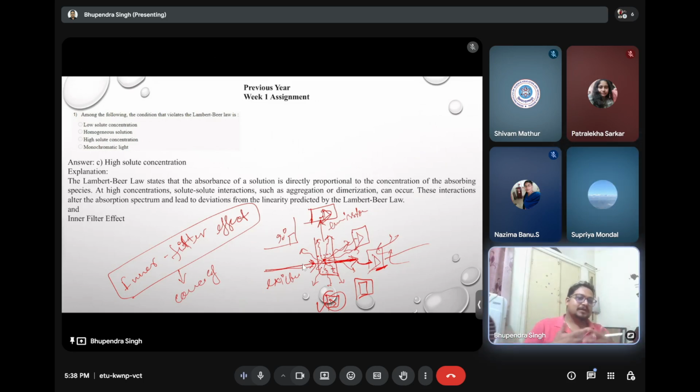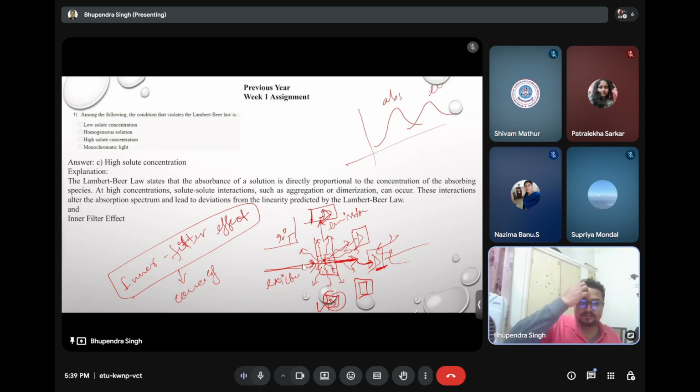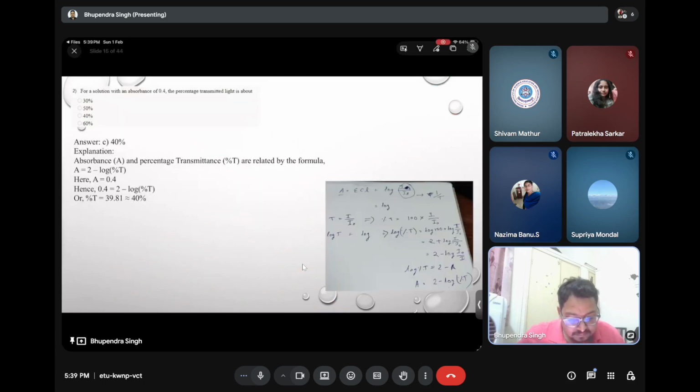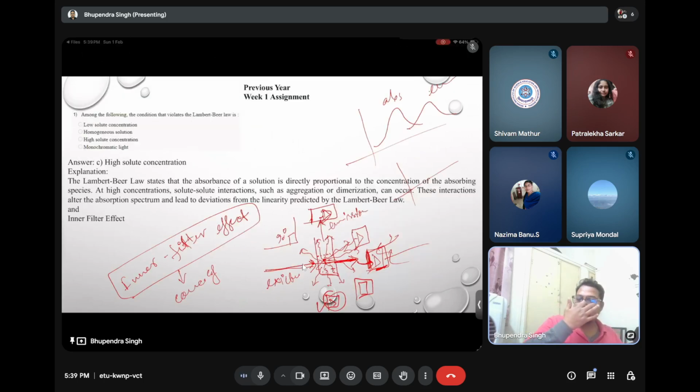So actually both will be together. Let's say this is absorption, this is emission, this is absorption, this is emission. So after the absorption, if the detector is at this place, maybe you will get a spectrum like this, because the molecule has absorbed the wavelength, but the transmitted light will be there.